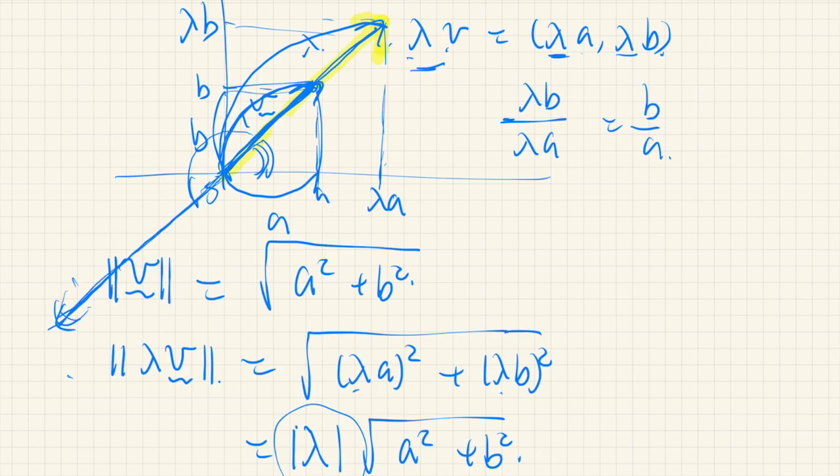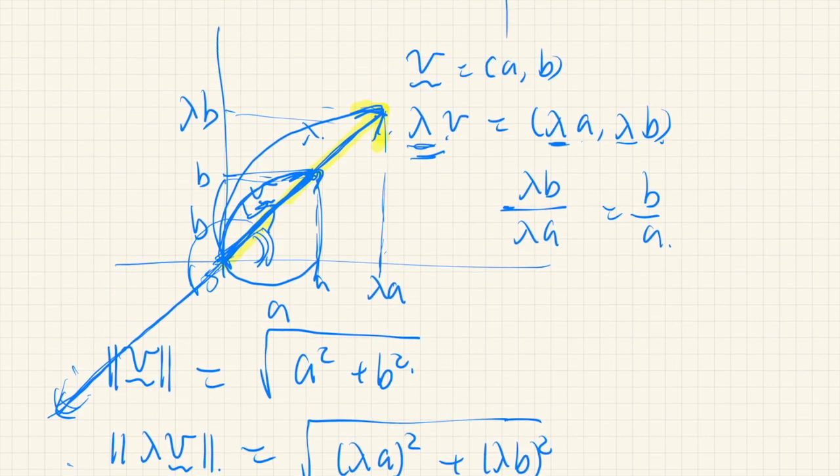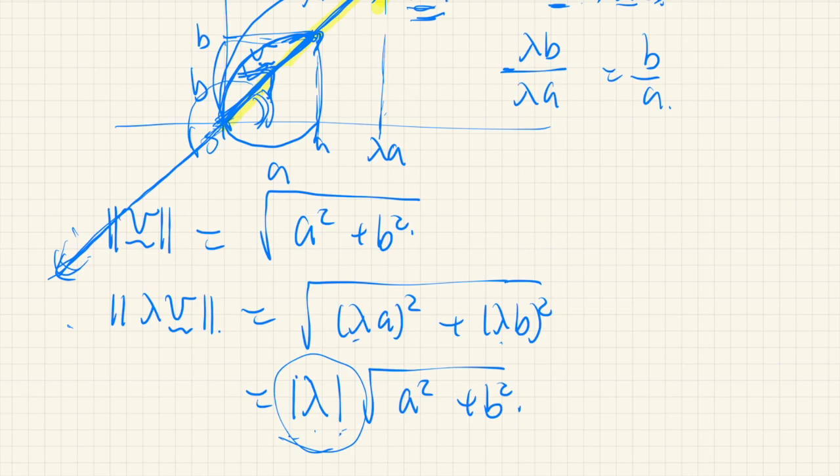And when lambda is positive and less than 1, the length of the vector shrinks instead of being extended, so it becomes shorter. So if you think you understood enough about the geometric meaning of vector addition and scalar multiplication, then you can skip the rest of this video and go to the next one.